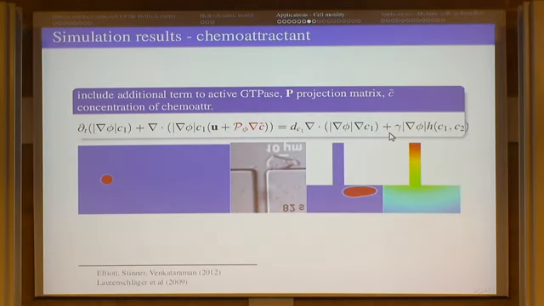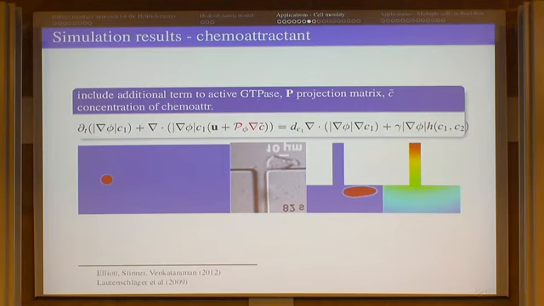Okay. And what is also really nice, I found it in a really nice paper here. We know that these cells are really following chemoattractants. So if we have a concentration of a chemoattractant, which is denoted by C tilde, we can nicely add this term to the attraction of the active GTPases.